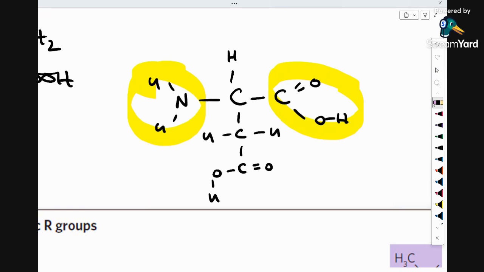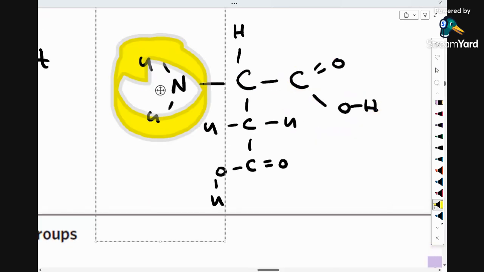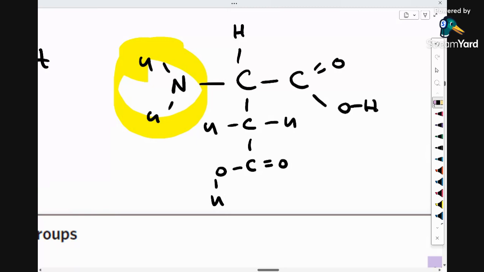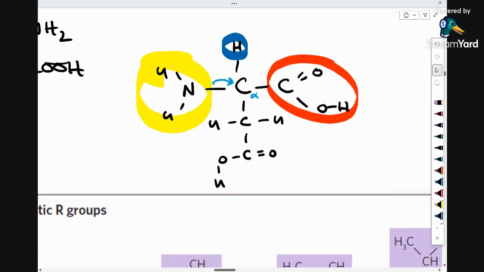And by the way, I've deliberately tried to trick you here. I've put a carboxylic acid group on the bottom of this R group here. Start with the amino group. Once you've got the amino group, look for your alpha carbon. It will be attached to it. It'll be the next one. And the carboxylic acid group that's directly attached to that is your carboxylic acid group of the amino acid. Then circle your hydrogen, and then whatever's left is your R group.